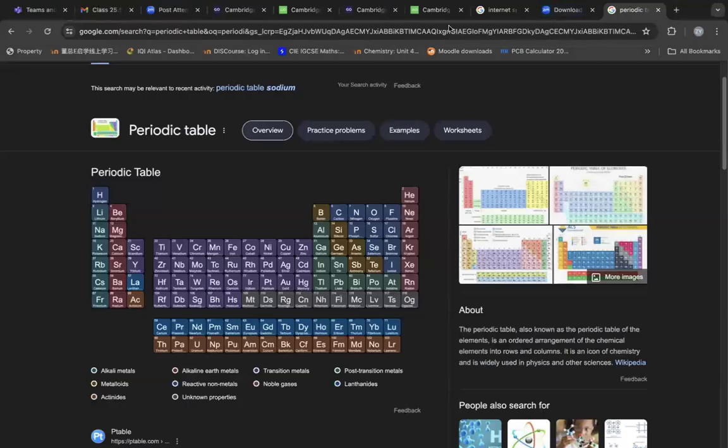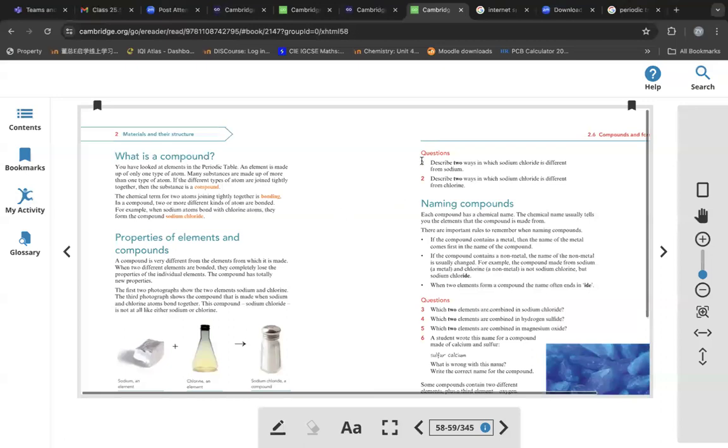Let me share the text. So from here, 2 ways. Sodium chloride is our normal salt. Can salt dissolve in water? This is the normal salt, the salt that we are eating.